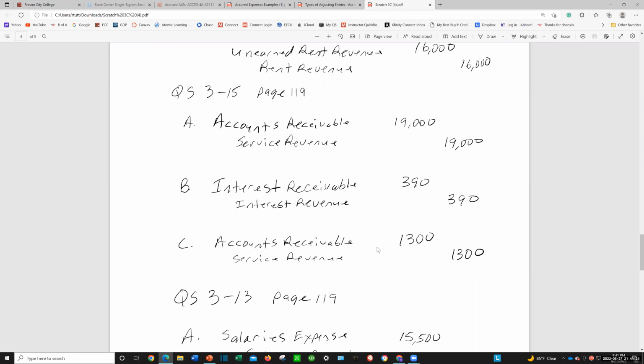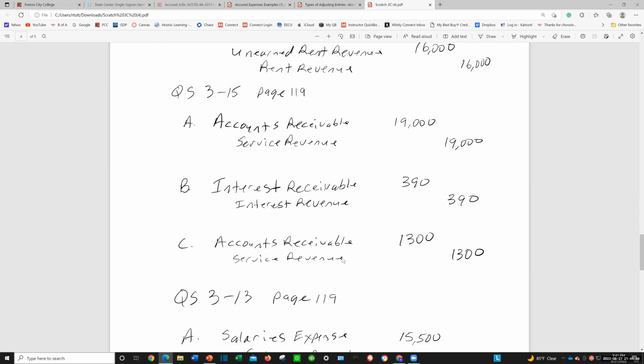The last one is C. This is accounts receivable. A painting company bills customers when jobs are complete. The work for one job is now complete. Well, you finish the job, so you can record the revenue. But the customer has not yet been billed for the work. Okay, so we finished the job, we earned it.